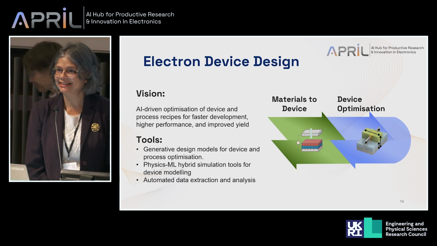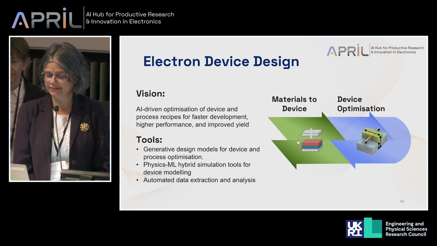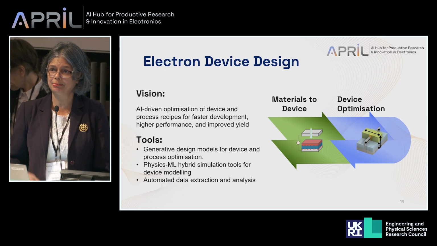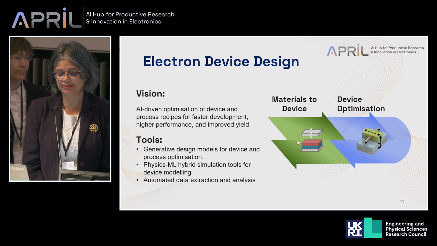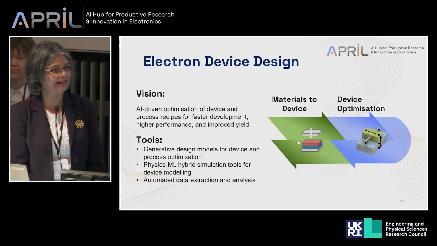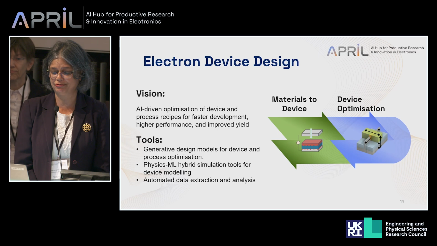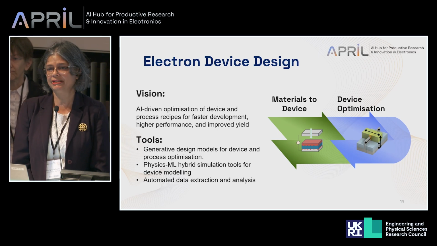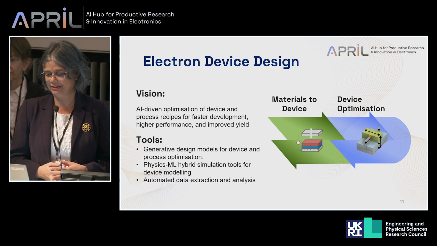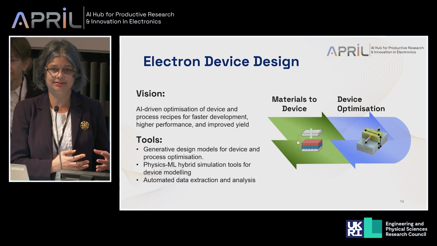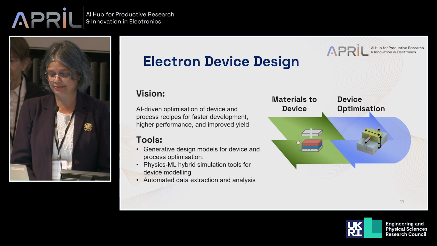Thank you, Jackie. So this is Pillar 2 about electron device design, and it's co-led with Bipin, who's sat at the back there. Our vision is an AI-driven optimization of device and process recipes for faster development, higher performance, and improved yield. So basically, we want to develop tools that would automatically give us the kind of devices and the performances we expect of them.